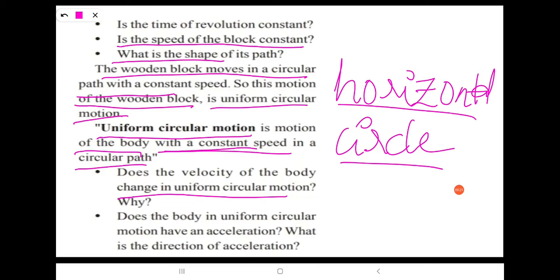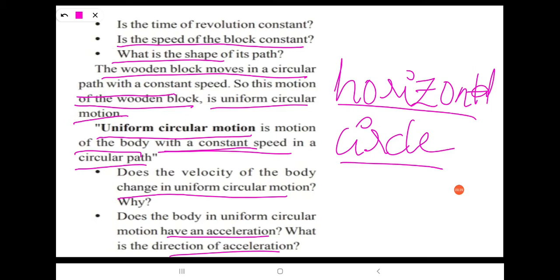Now, does the body in uniform circular motion have an acceleration? What is the direction of acceleration?